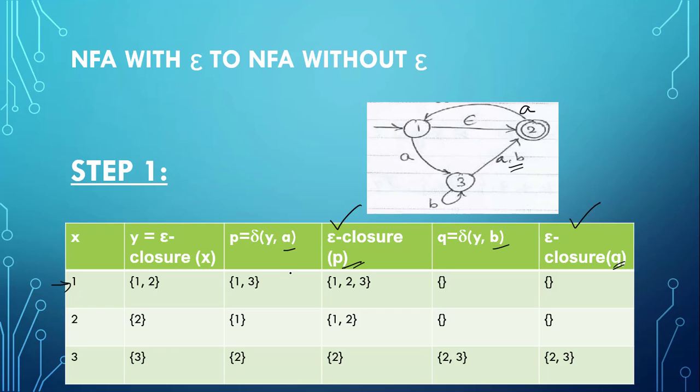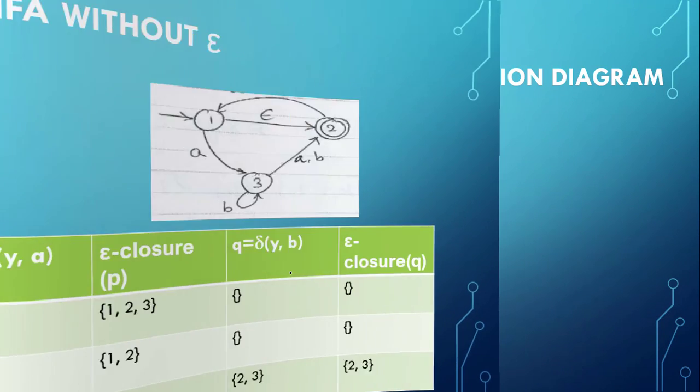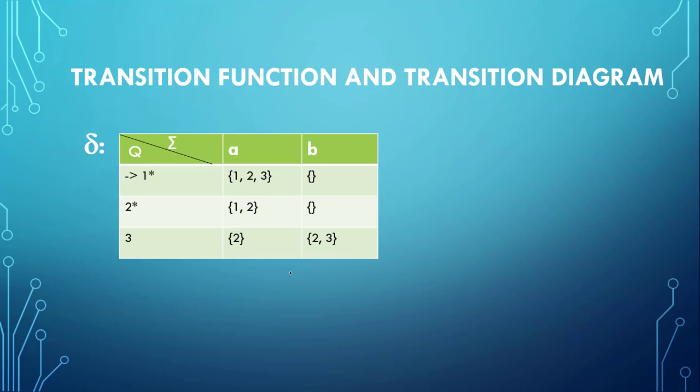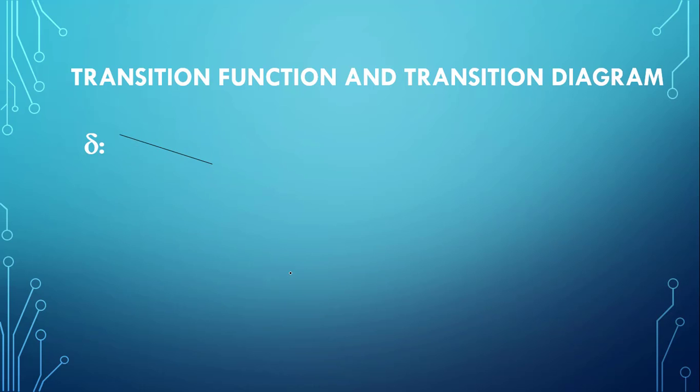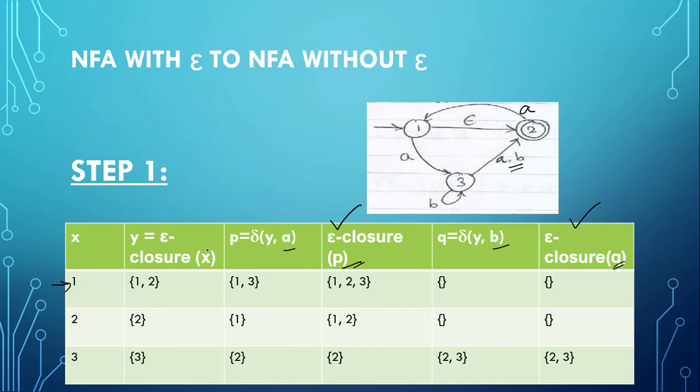So let us check how this NFA with epsilon to without epsilon is going to look in the final answer. As we had seen in the previous slide, I'll take it back again. The start state's epsilon closure has a final state, so we will mark 1 as our final state. 2 is already our final state, so we will mark 2 also as our final state.